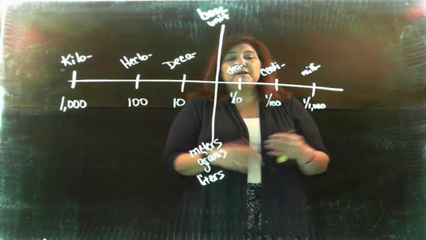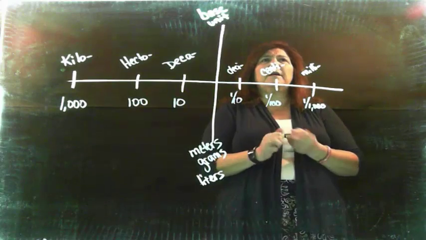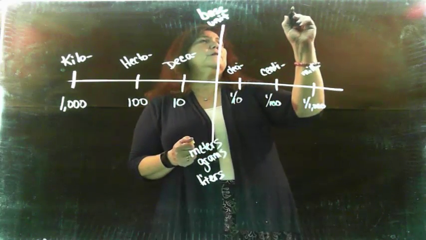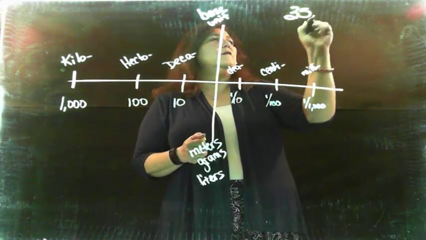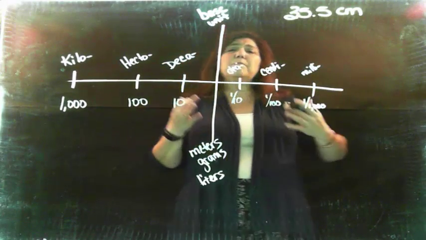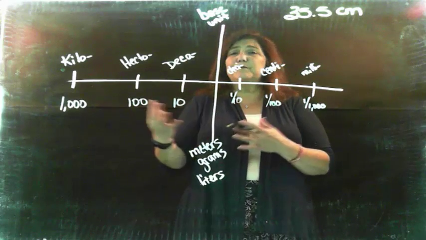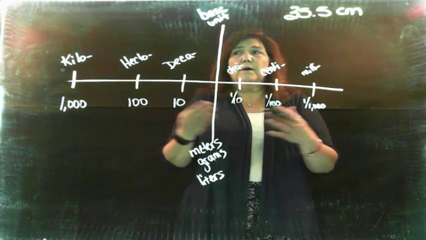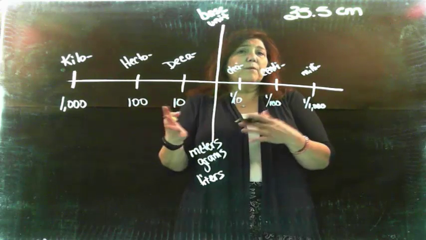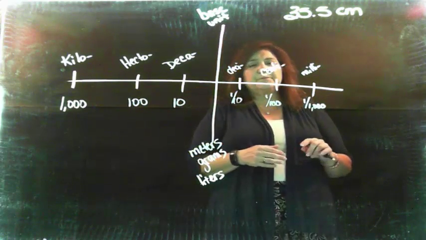And so what we can do with this, when we look at a number line, is start with 35.5 centimeters. When we multiply or divide by units of 10, what we're doing is simply moving a decimal one place to the left or right. It just really depends on what our math function is.